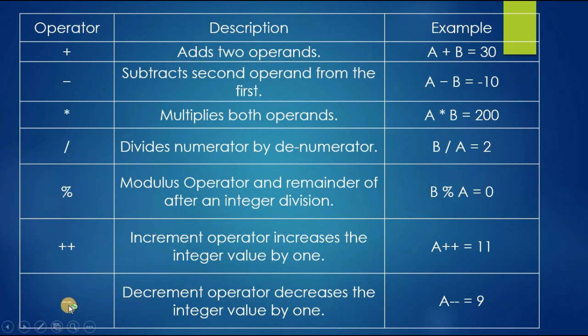The next operator is the decrement operator, which is denoted by the double minus symbol. The decrement operator decreases the integer value by 1. Example: a minus minus is equal to 9, because we assumed that a is 10, so 10 minus minus is equal to 9 because it decreased the value by 1, so we got the answer 9.